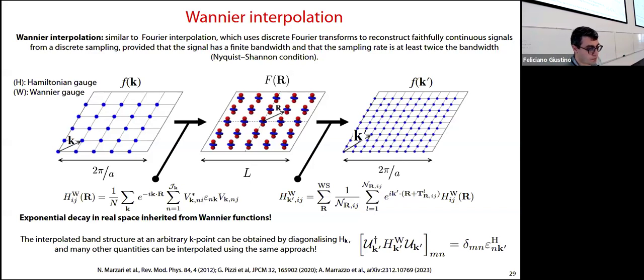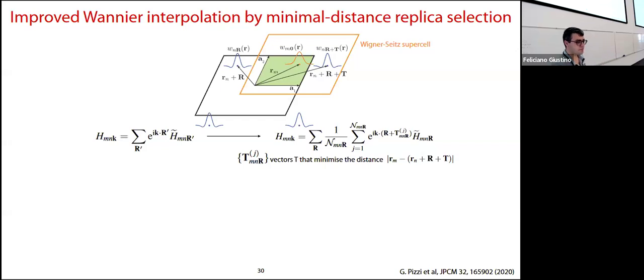Okay, so as you see, this formula here is slightly more complex than a simple Fourier transform, and the reason is that you have to take into account that when you have matrix elements between Wannier functions in real space, your closest partner might actually sit in a neighboring supercell.